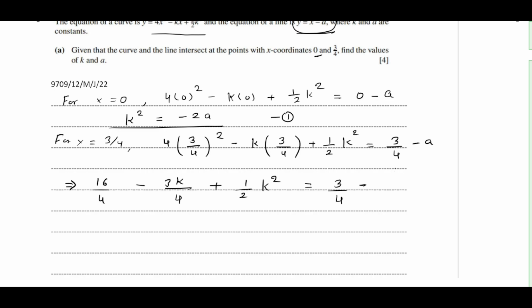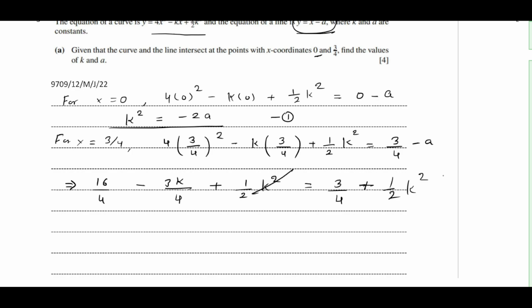Okay, now I can do one thing. Minus a I will replace by half k square, so it will become plus half k square. Isn't it? Right?